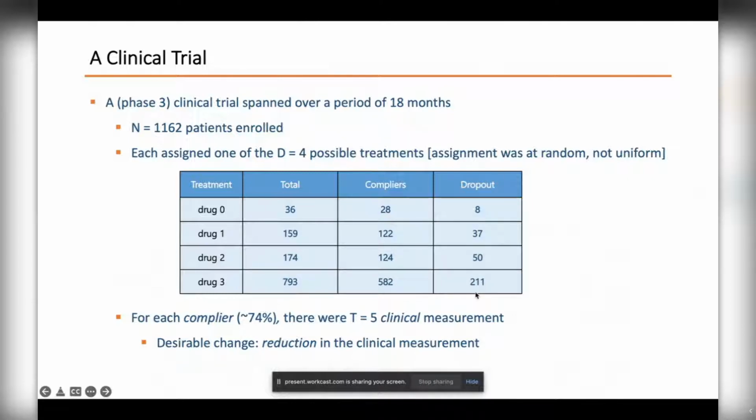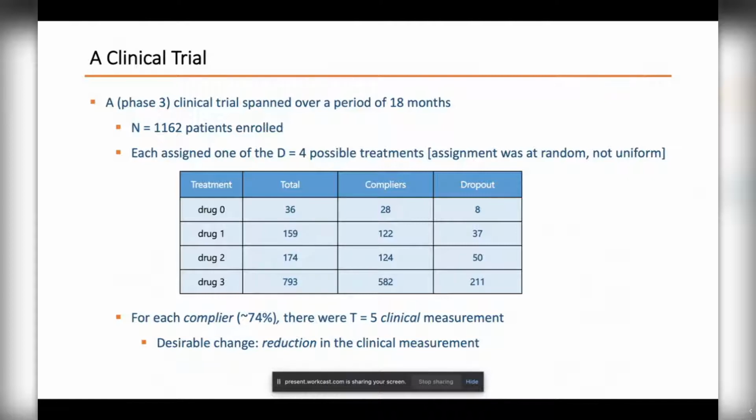As you can see, roughly a quarter of the individuals dropped out and the rest complied. For each individual, over the period of 18 months at regular intervals, 5 clinical measurements were obtained. And as you would know in the context of Alzheimer's, one of the clinical measurements of interest is what's called the ADAS-COG score.